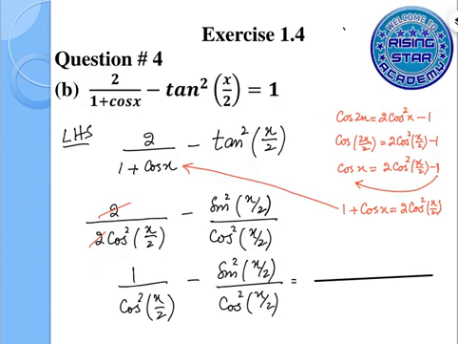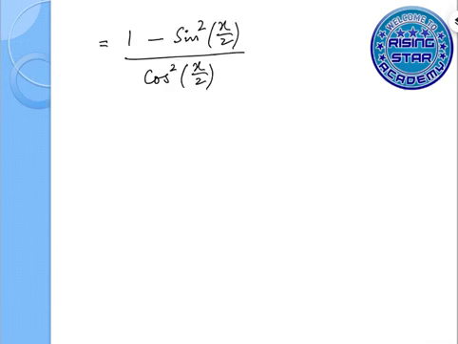That would be cos square of x over 2, and when denominators are the same, the numerator can be written as it is. Move to the next step. I rewrite the previous value over there.